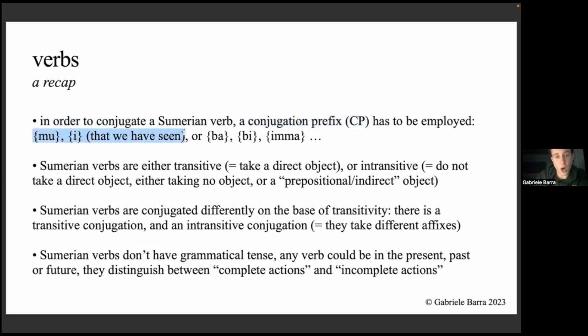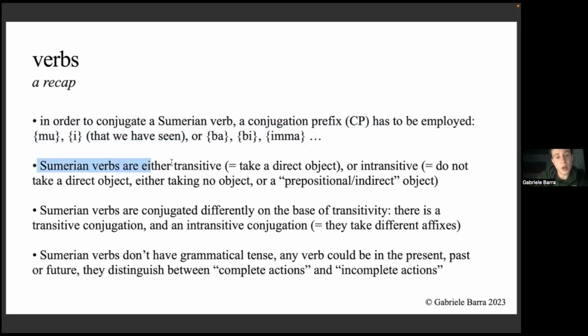They are used quite interchangeably. However, some appear more in some contexts, and we're going to see about them. You also have other ones like bi and imma, which we have not talked about. We'll do that in the next class. So CPs are what enable a verb, I would say, to be used in a sentence.